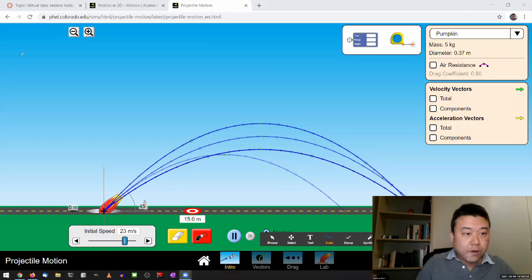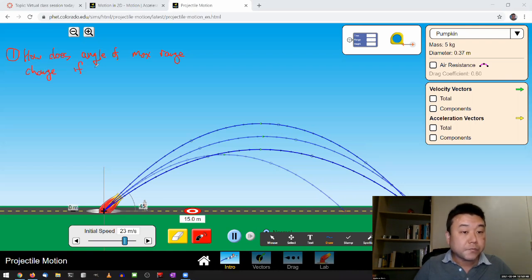Question one would be: how does the angle of max range change if the ground is not level?